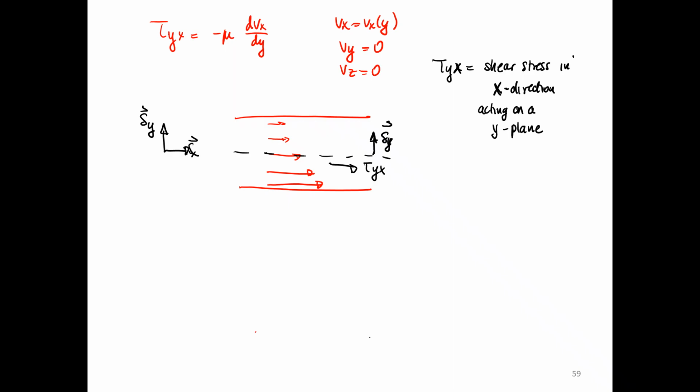This is actually assuming steady state. So each Vx of y is not Vx of y. They're not necessarily accelerating. It's just that neighbors have different velocities. So there's a spatial gradient of velocity. Okay? It's an excellent question. They don't necessarily have to accelerate. Nobody's accelerating here.